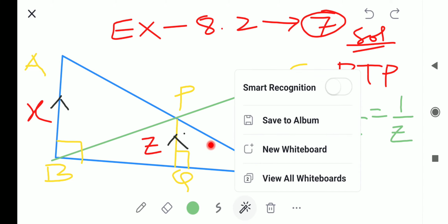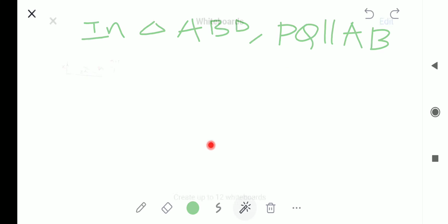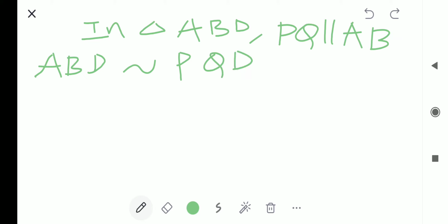By making them similar triangles, we get triangle ABD similar to triangle PQD.